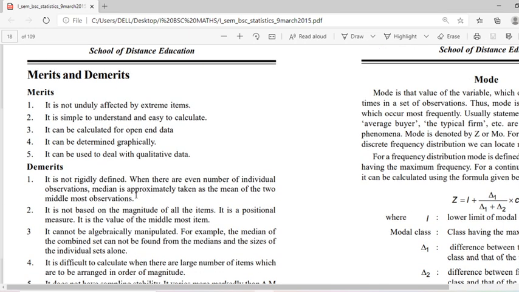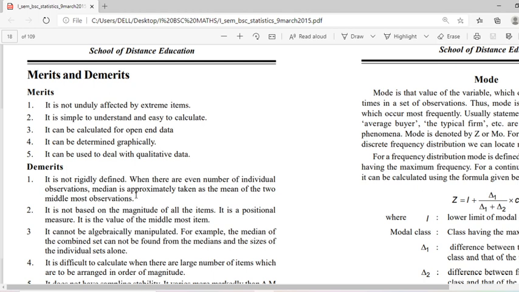Merits of the median are: it is not unduly affected by extreme items, it is simple to understand, and easy to calculate.